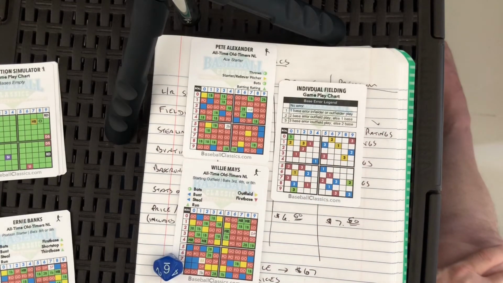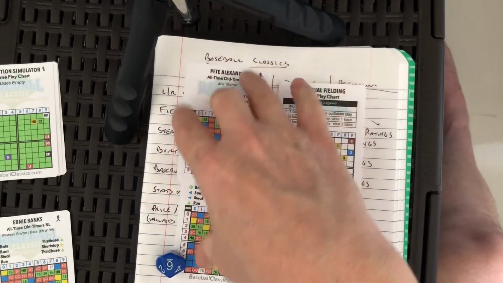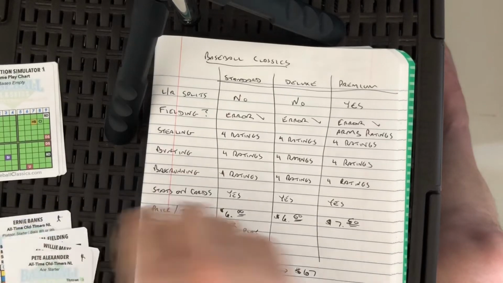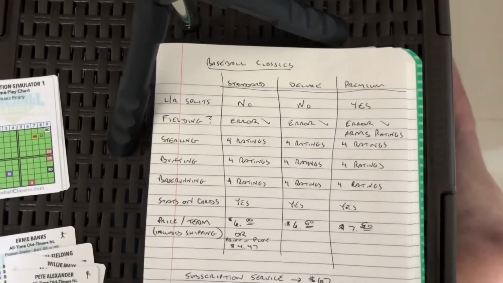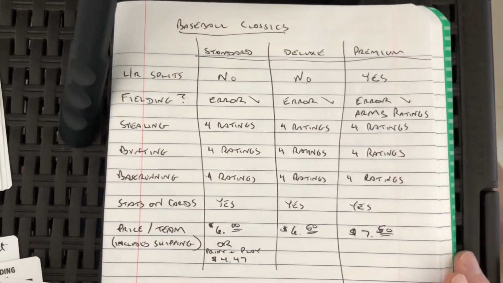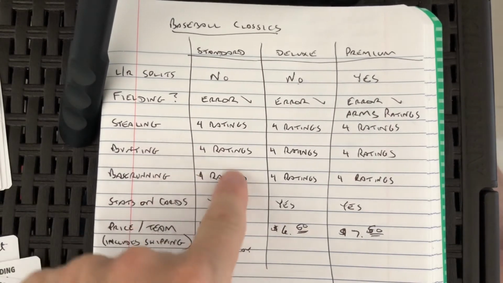All right, so if you decide to try out Baseball Classics, the card purchase that you make is your purchase. You get a link to the instructions for the game.